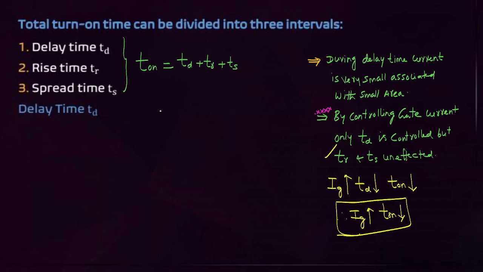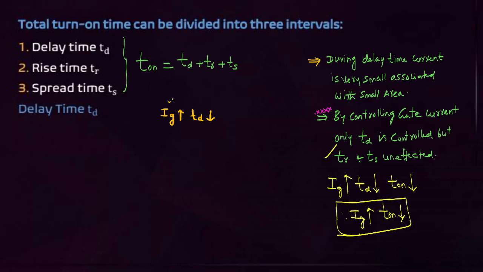What is the meaning of by controlling the gate current, delay time is controlled? If the gate current is increased, delay time is reduced. That is, within less time the current reaches 10%. You know that during delay time, current rises to 10% of total current. If you trigger the SCR with high gate current, within less time the current will rise to 10%.